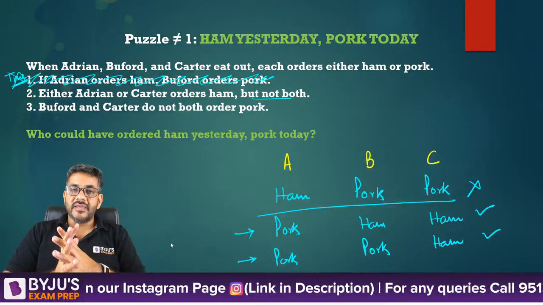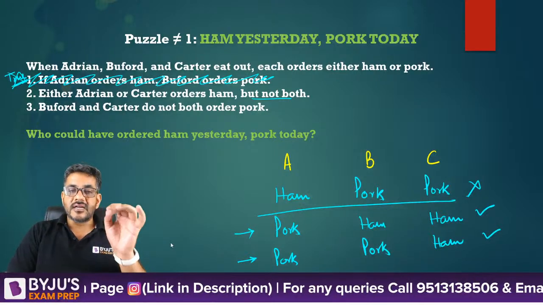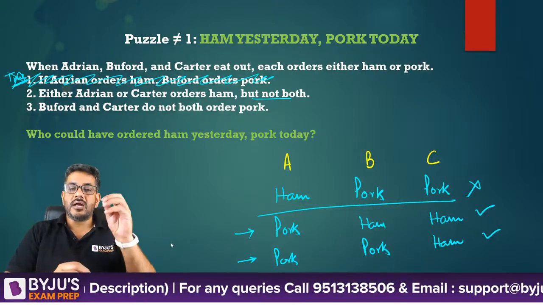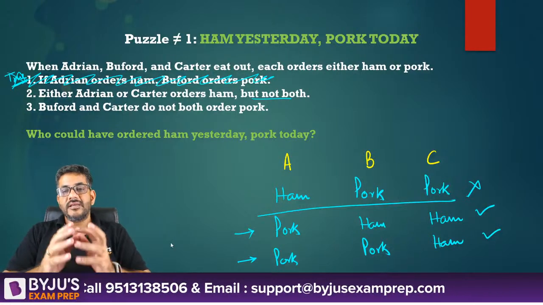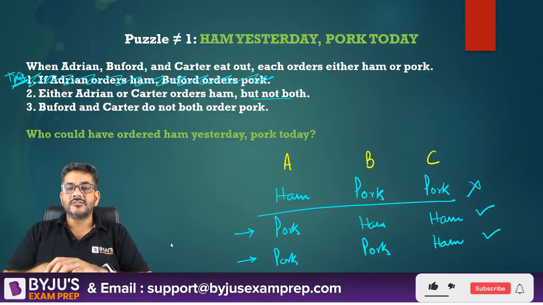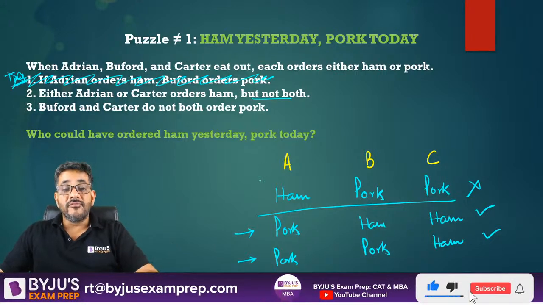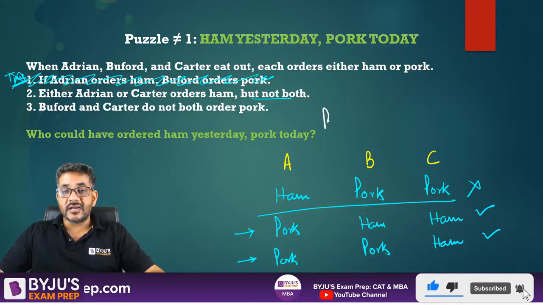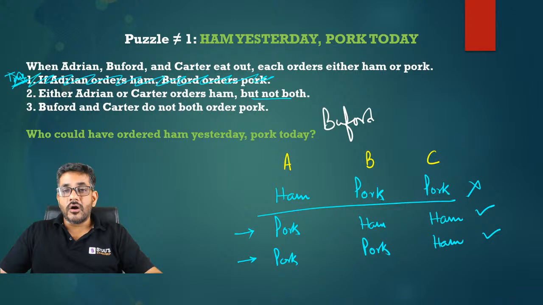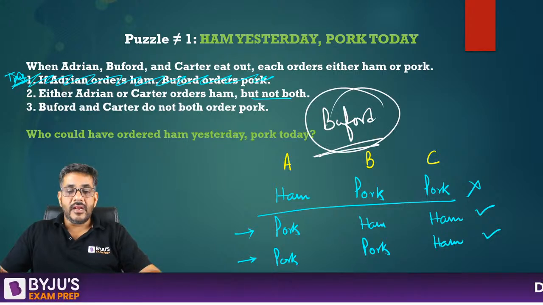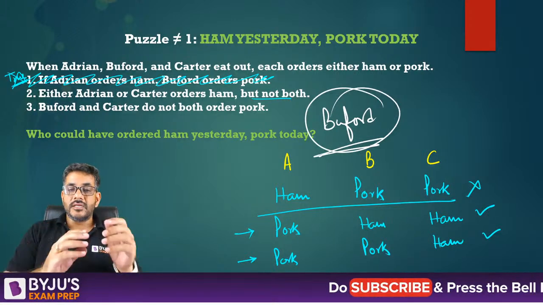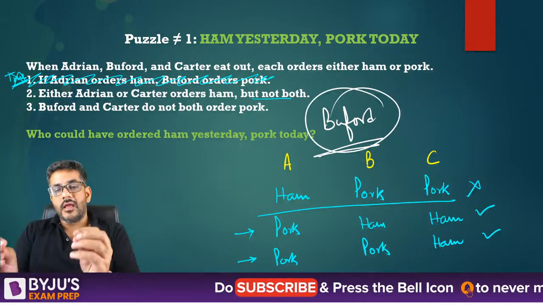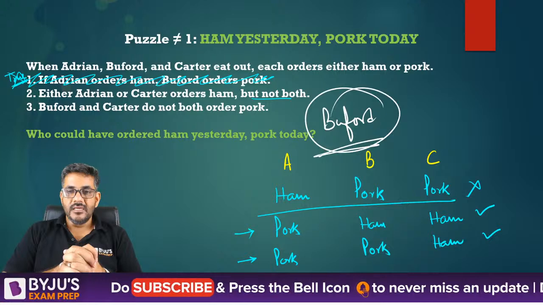That straight away means that Bufford is the guy who can order ham on one day and pork on the other day. So therefore my answer for this question is Bufford, because he is the guy who can order ham on one day and pork on another day, because the other two guys always order either a pork or a ham only. Yes, is that clear?